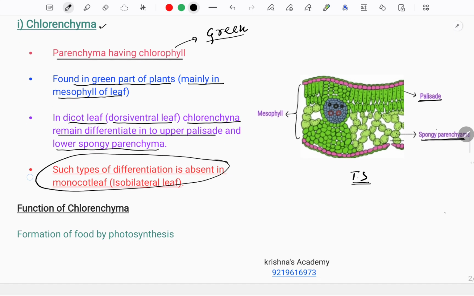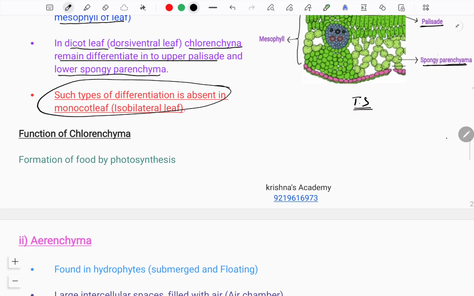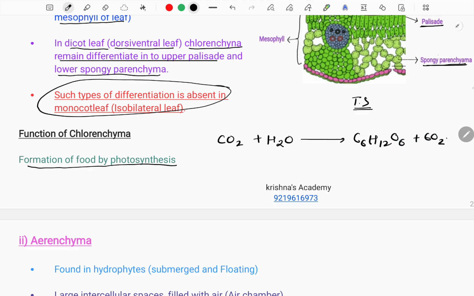Now, the function of the chlorenchyma. The only function of the chlorenchyma is the formation of food by photosynthesis. As you know, in photosynthesis, CO2 and water react with each other and form glucose, and oxygen is formed.